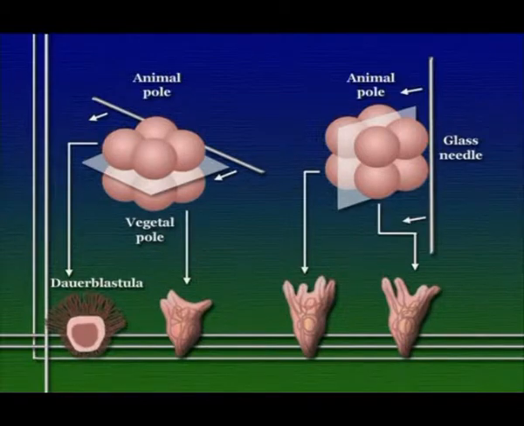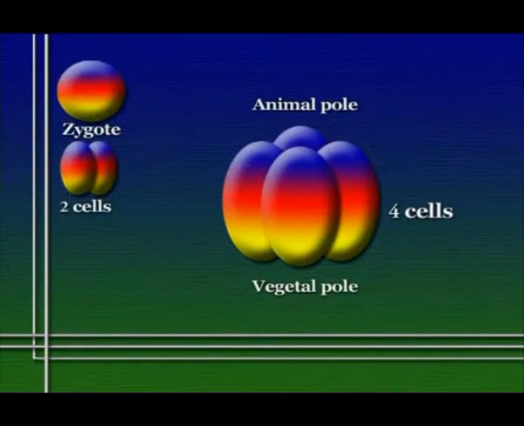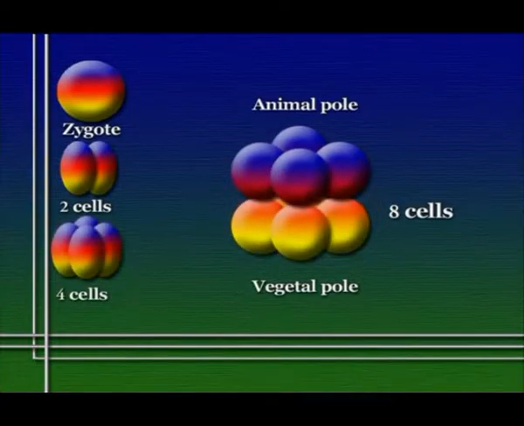To interpret this result, remember that the first 2 divisions of cleavage in sea urchin embryos follow the longitudinal plane, maintaining the asymmetry of cytoplasmic determinants along the animal pole to vegetal pole axis. But the 3rd division, leading to the 8-cell stage, which is what Horstadius was working with, occurs along the equatorial plane. This means that the 4 cells on the top after this 3rd division have a distinctly different distribution of cytoplasmic determinants, remember, that's proteins and messenger RNAs put into the zygote by the mother, as compared to the 4 cells on the bottom.